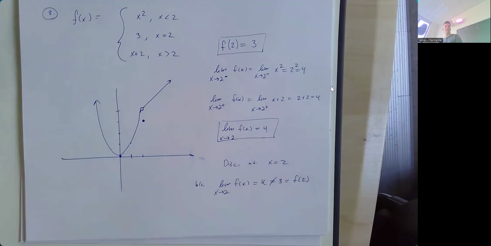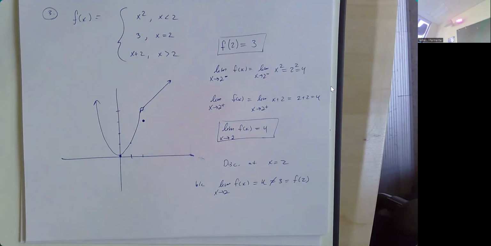And that's really the definition of continuity: for a function to be continuous at a point, the limit value at that point and the function value at that point have to be the same. Notably, they both had to exist first before they could be equal to each other.